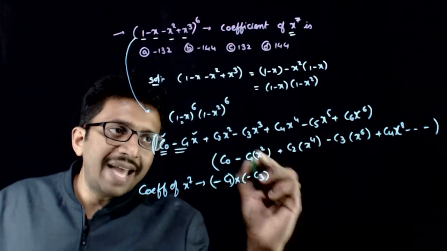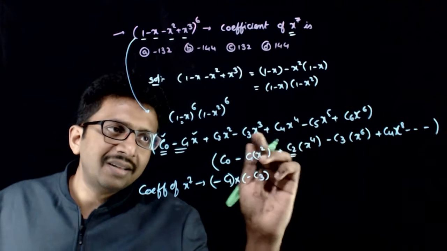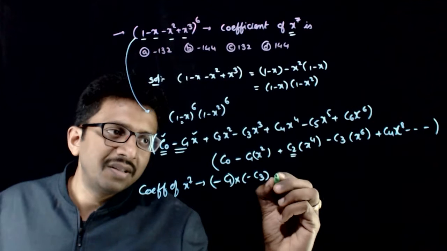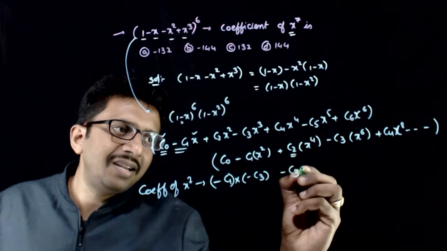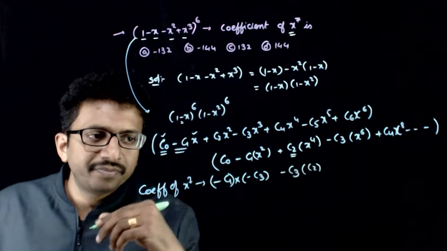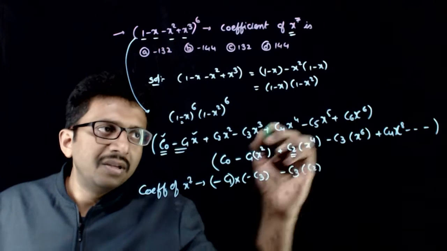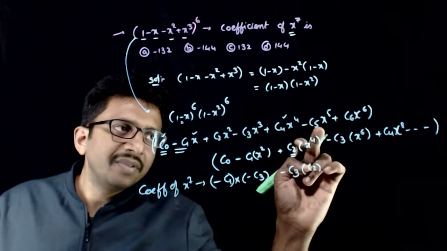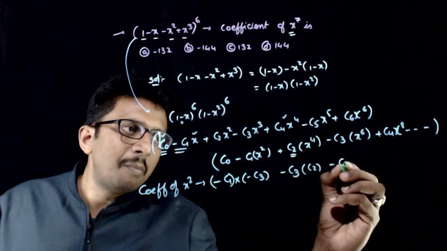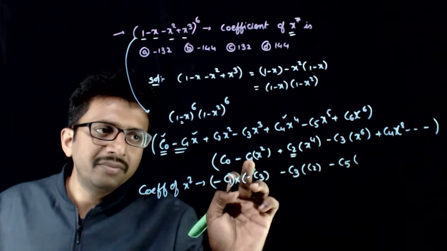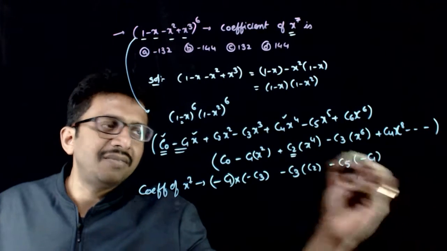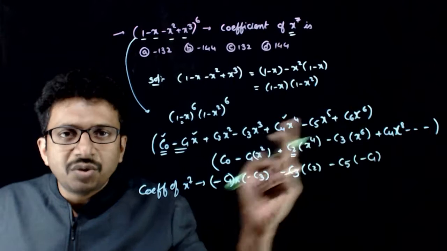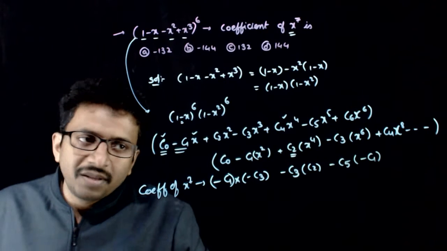Next, with x cube term, you get x cube into x power 4 is x power 7. That is minus c3 into plus c2. With x power 4 you won't get anything. With x power 5 you have minus c5 into minus c1. And with x power 6 you won't get any x power 7 term.